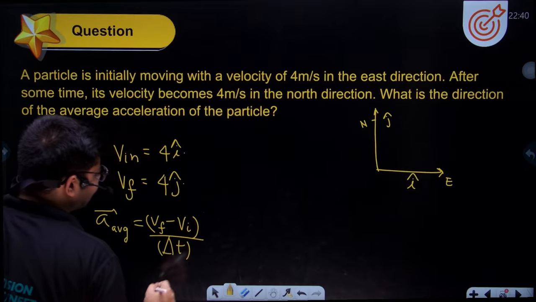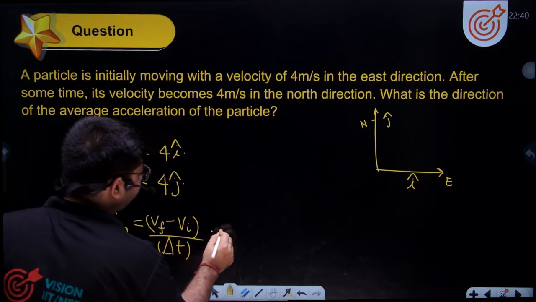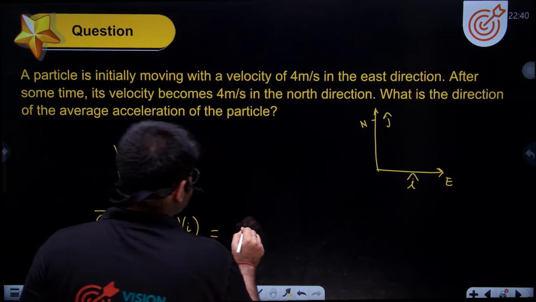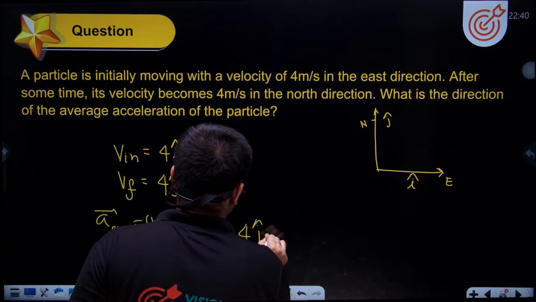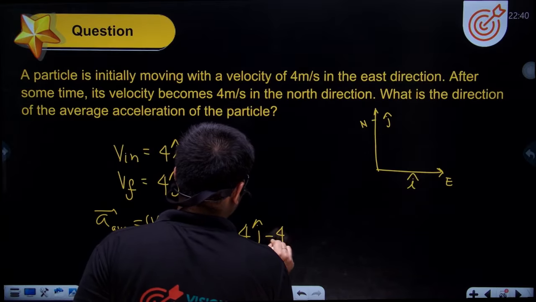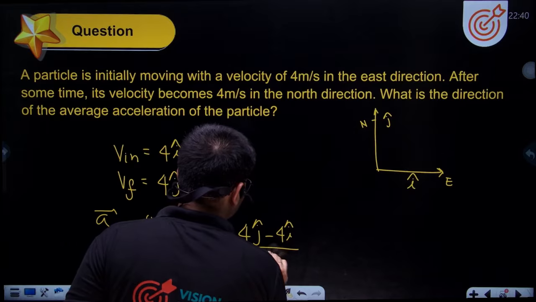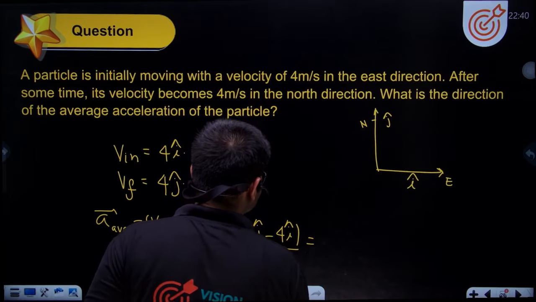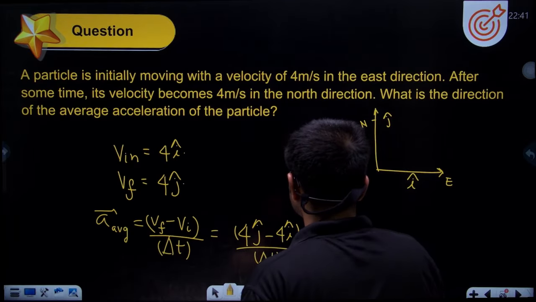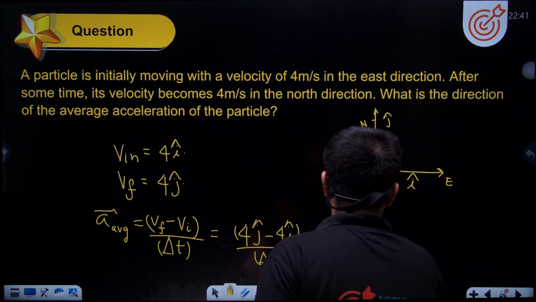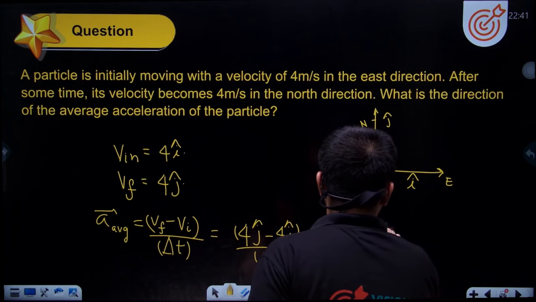Now time is a scalar quantity, so it is not going to affect my vector. So what I can say is it is nothing but 4 j cap minus 4 i cap by delta t. From here I can say it is minus 4 i cap plus 4 j cap by delta t.